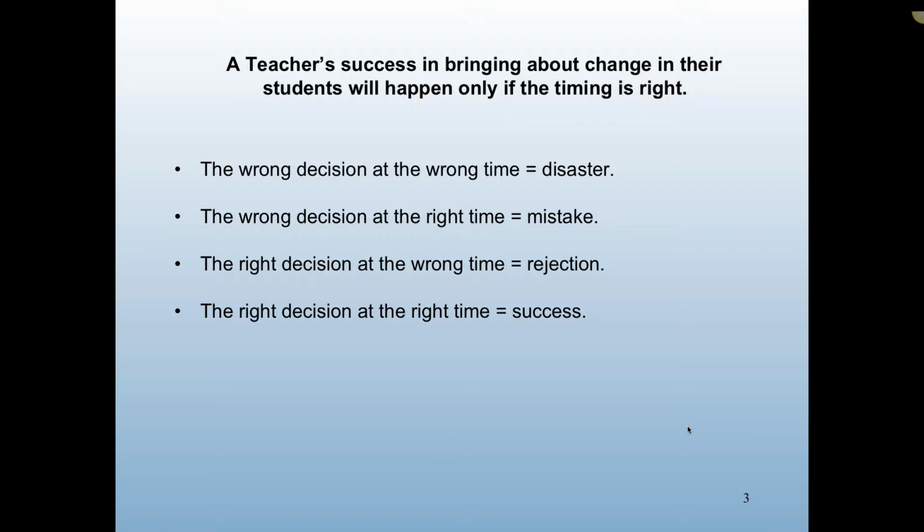So where do we want to be? We want to hopefully most of the time be making right decisions at the right time and achieving success for our students. None of us can do this 100% of the time. We're not robots, we're not perfect, and neither are our students. And sometimes the right decision on one day might not be the right decision on another day.